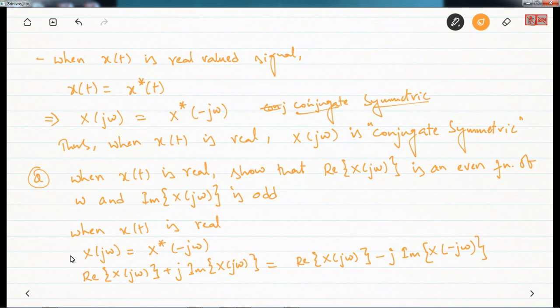I'm simply expanding this as this and expanding this right hand side as this, right?